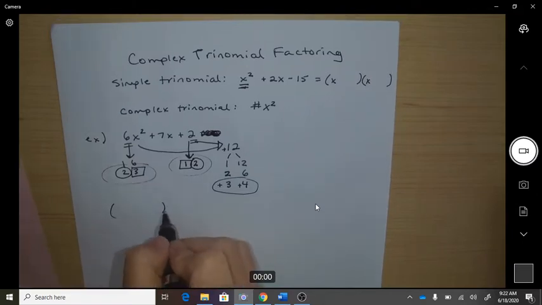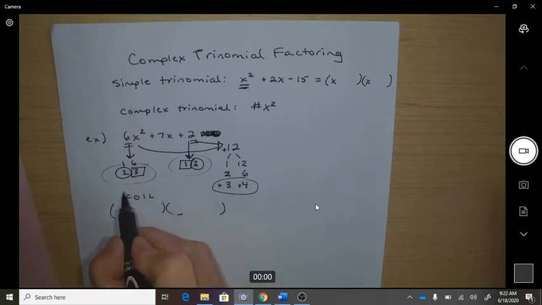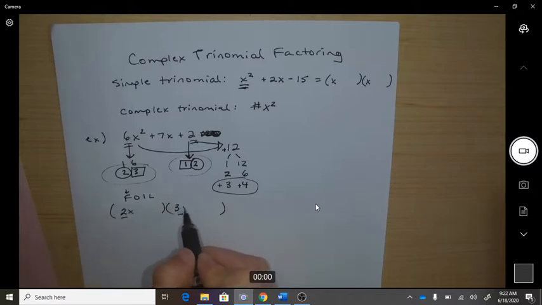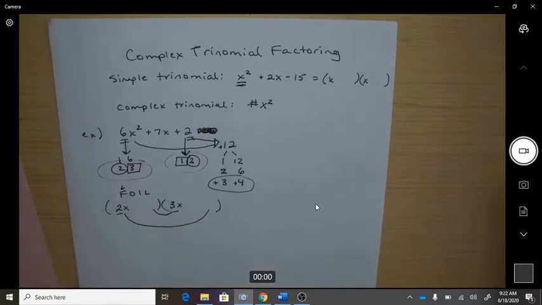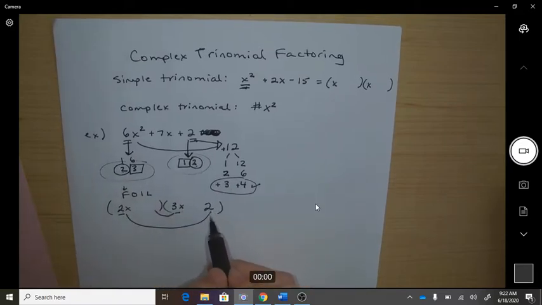So, starting my brackets. Remember, we're doing the foiling still. The first has to make 6x squared, and I'm going to use 2x and 3x. The outside and insides have to combine to get me 7. So I'm matching the 2 with the 2, so that's my outside, and I'm matching the 3 with my 1.